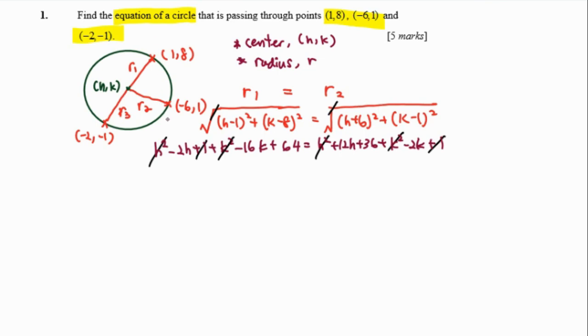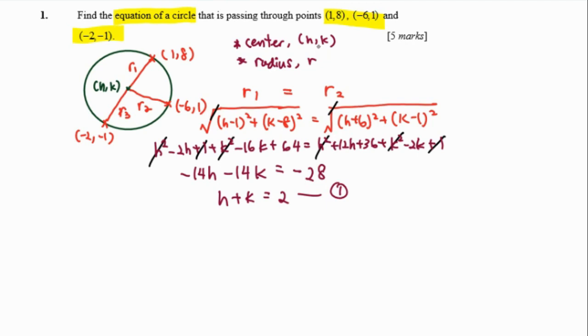So leaving our answer to be negative 14h, and then moving our negative 2k to the left hand side, it will become negative 14k equals negative 28. Then we can simplify this equation to become h plus k equals 2. So that will be our first simultaneous equation.